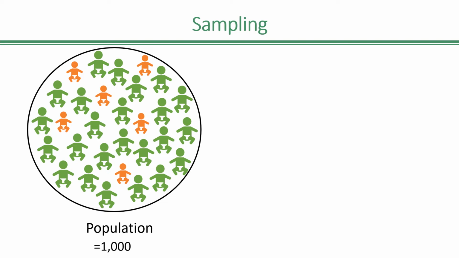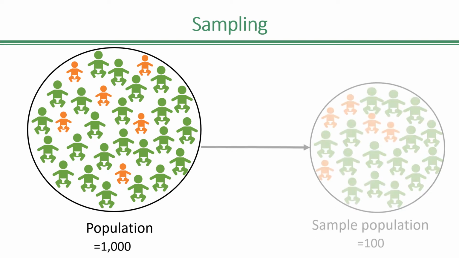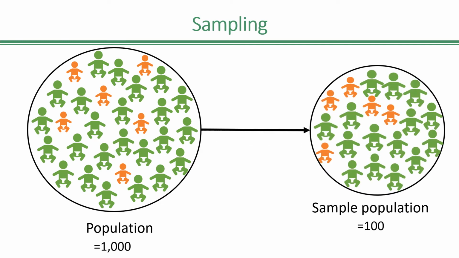However, 1,000 children were born in Maria's hometown in 2021, and Maria does not have the resources to collect data for all these infants. So she takes a sample of 100 infants. In Maria's hometown, the true proportion of infants born low birth weight is 20%. But in Maria's sample, 25% of infants were born low birth weight.